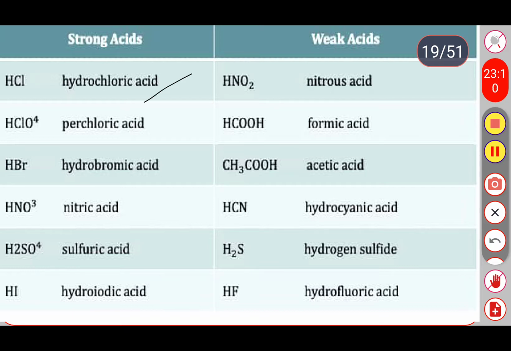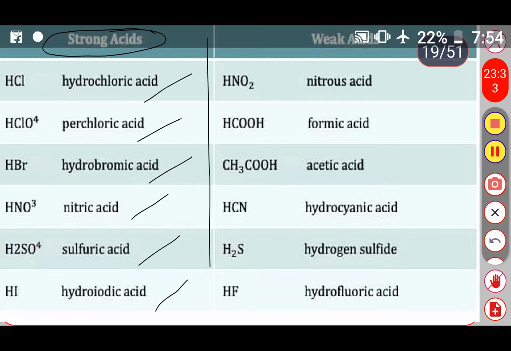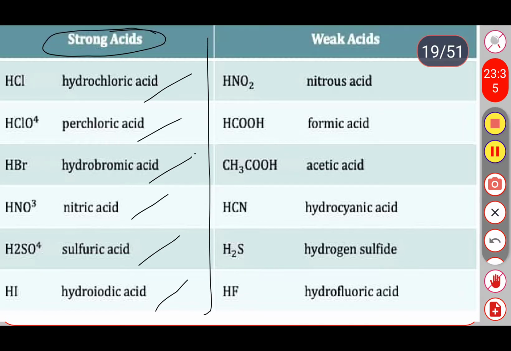The first one is hydrochloric acid. These are all strong acids: hydrochloric acid, next perchloric acid, hydrobromic acid, nitric acid, sulfuric acid, hydroiodic acid. These are some examples of strong acids.